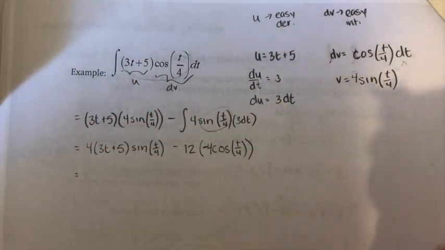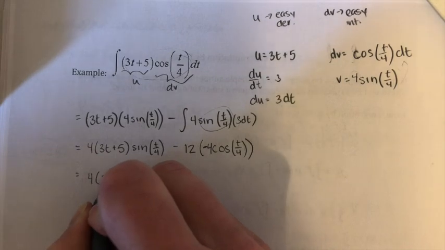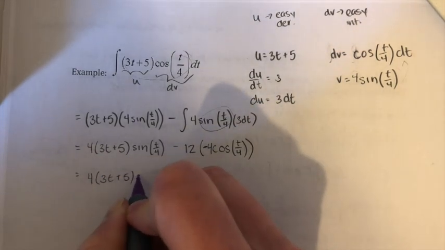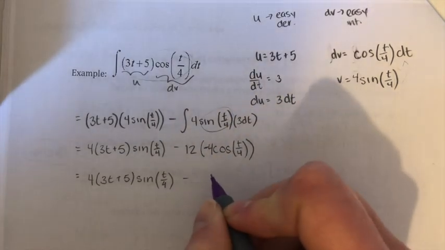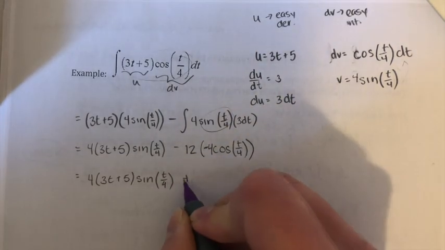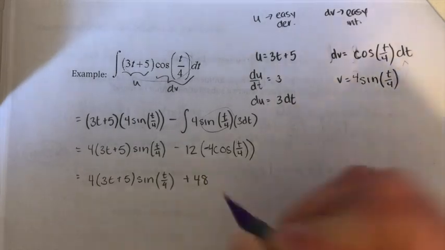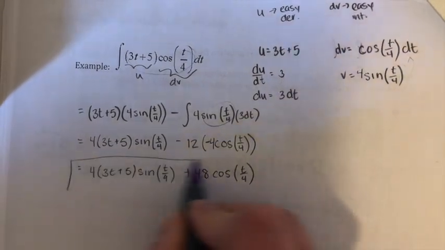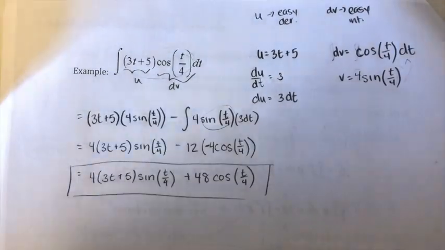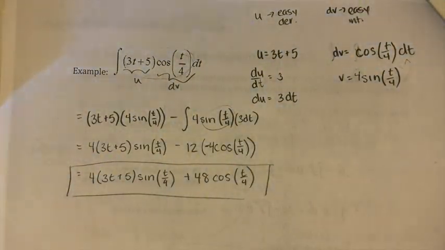So then simplified, all of this would be 4 times 3t plus 5 sine t over 4 minus, so negative times negative turns that into a positive actually, so 48 cos t over 4. So there is the integral of that.